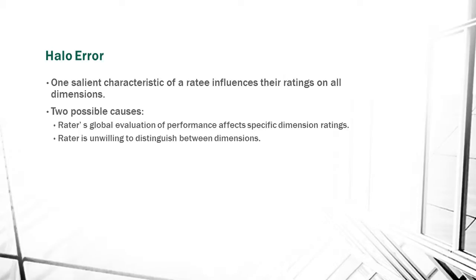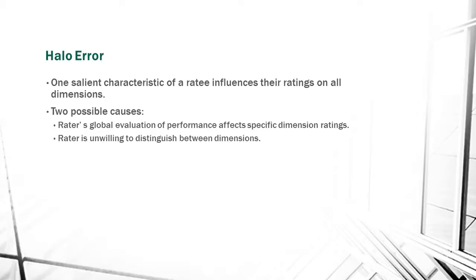The research on halo error has argued about two different possible processes or causes that are going on here. One is that raters start out making a general evaluation of performance, and then they transfer that and use that to rate all of the different dimensions.